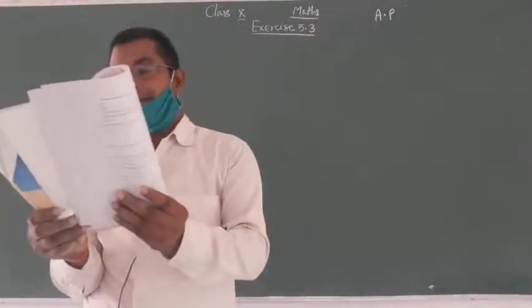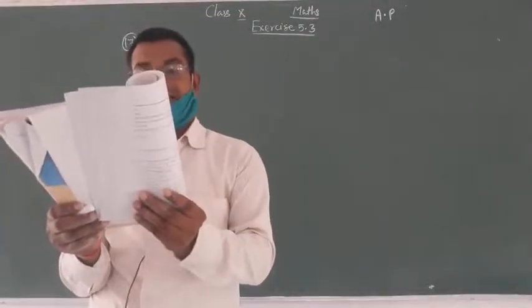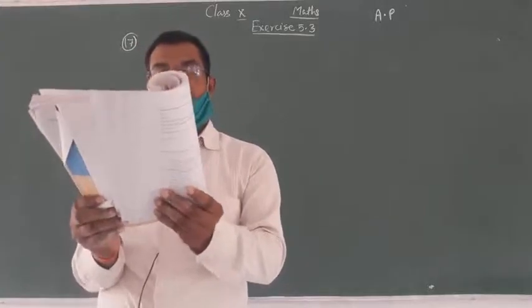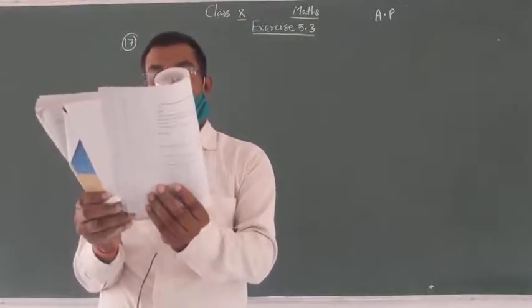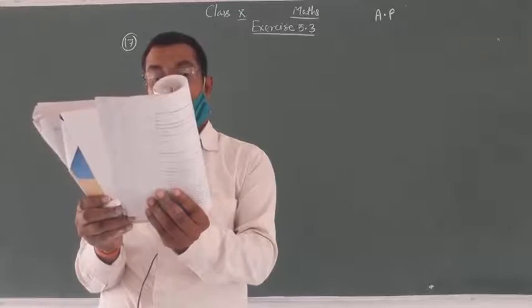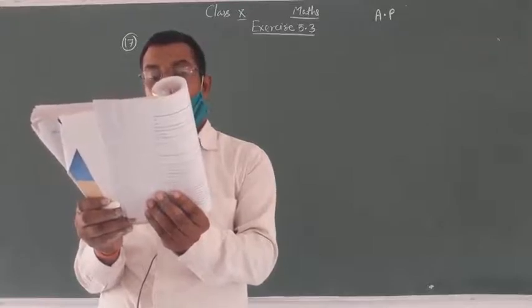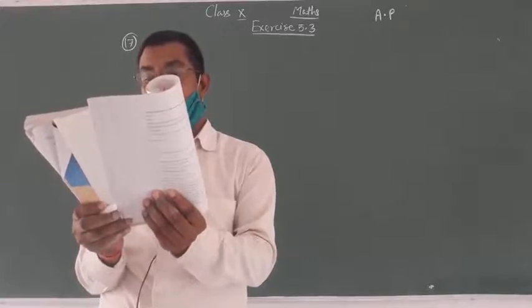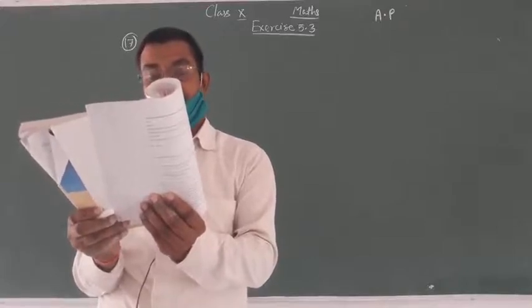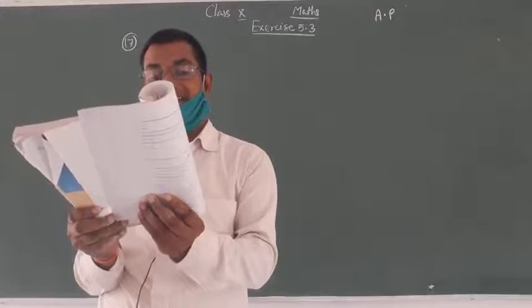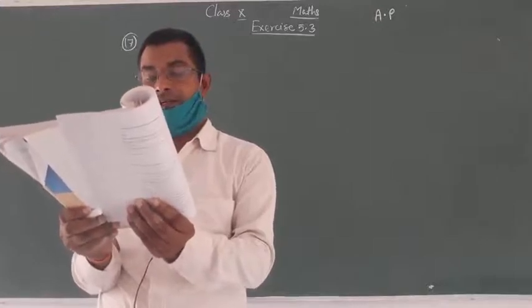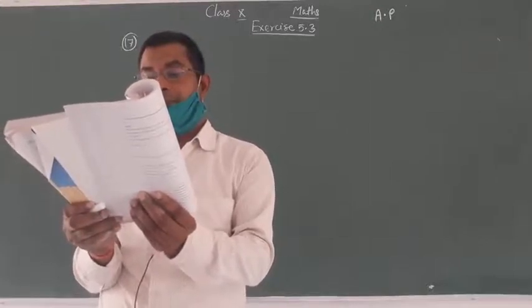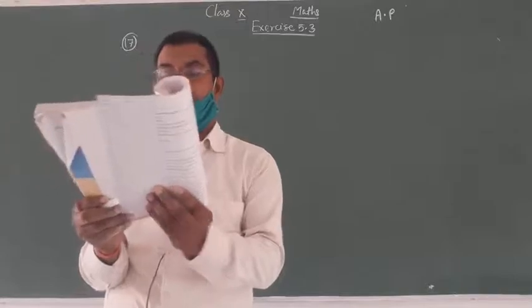For example, a section of class 1 will plant 1 tree, a section of class 2 will plant 2 trees, and so on till class 12. There are 3 sections of each class. How many trees will be planted by the students?